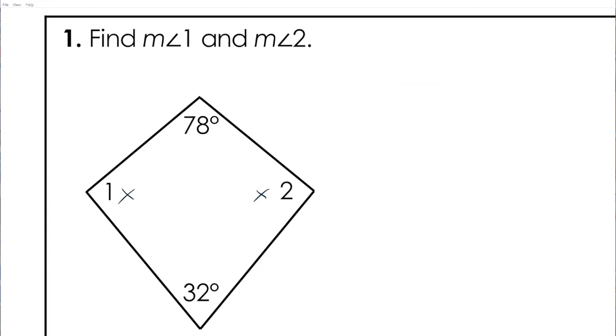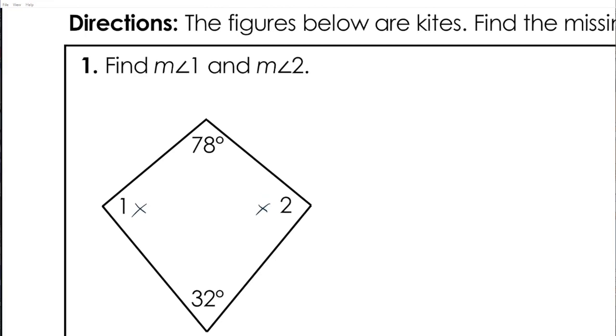Now from here, we've done a lot of quadrilaterals, so some of us might already know what the interior sum of our angles is. But if we do not know, we always have the formula S equals 180 times (n minus 2). So remember, n represents the number of sides.